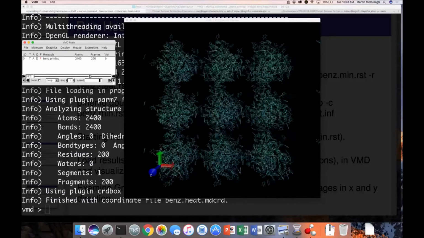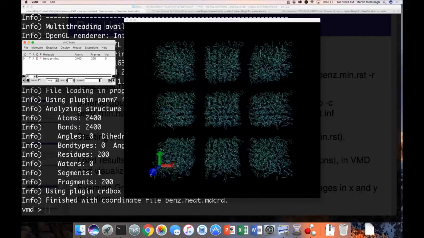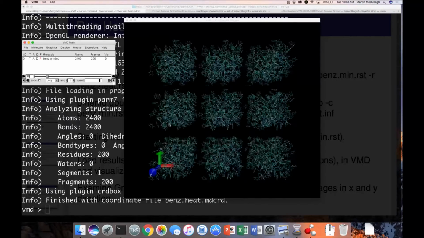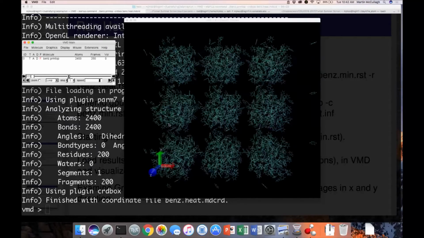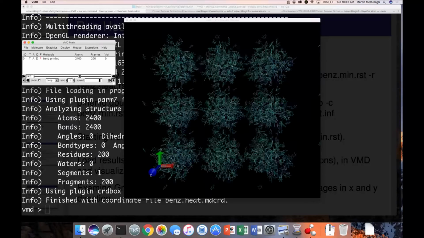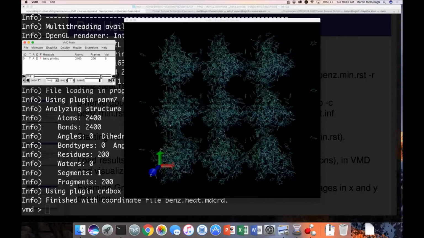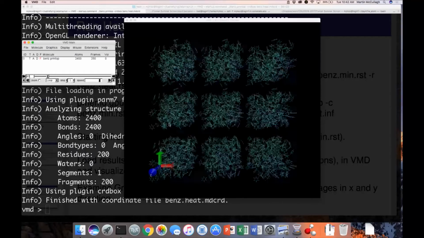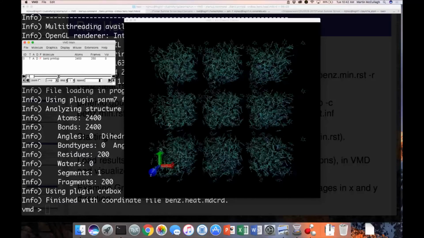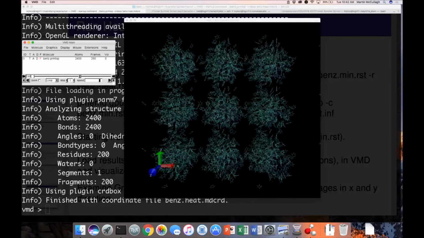All right. So as you can see here too, my benzene fluid, I have defined a box and heated it up, but the fluid is not filling the box. I don't know at these conditions whether or not it should.